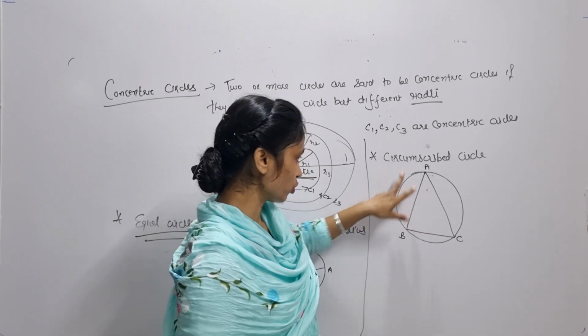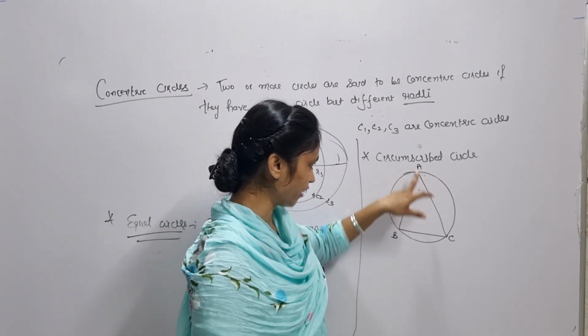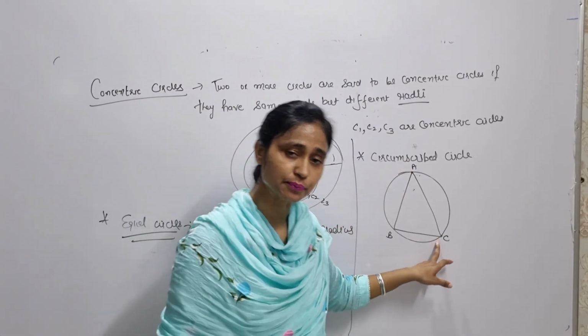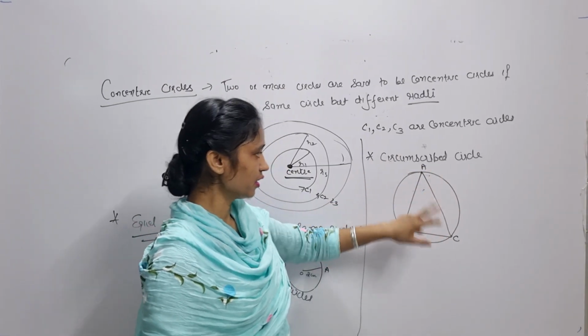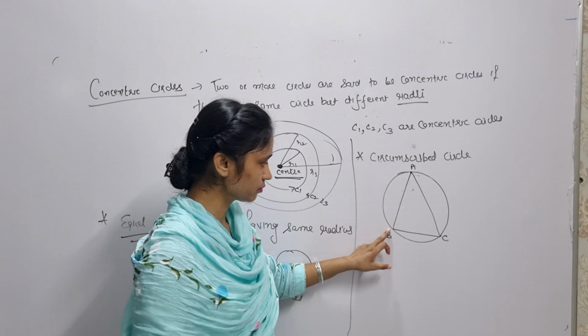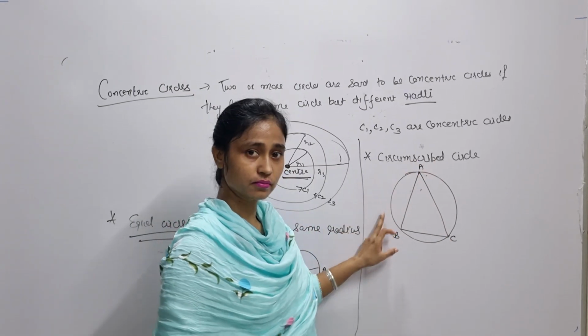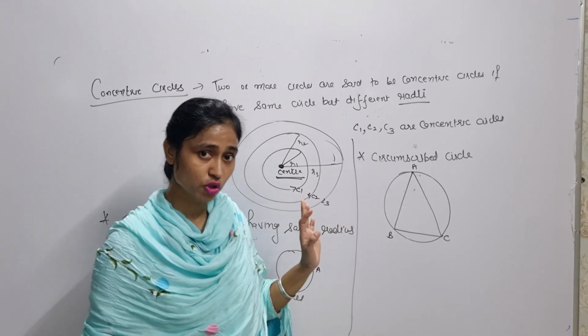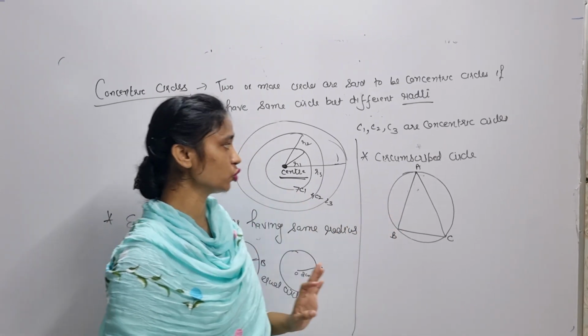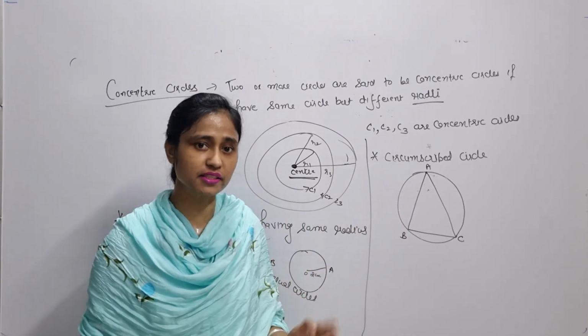If it is a triangle, it will have three vertices A, B and C. And this circle is touching each vertex of the triangle. So this circle is said to be a circumscribed circle.